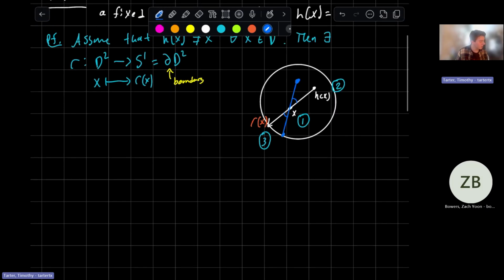So the crucial property of r besides continuity is that, note, if x is in the boundary of the 2-disk, then r of x is equal to x.